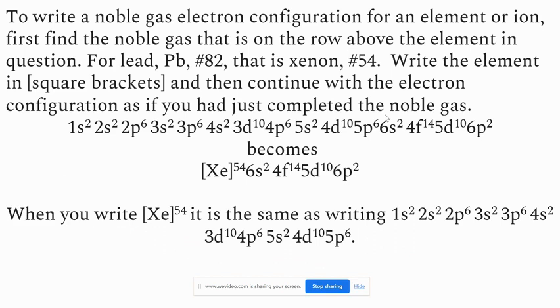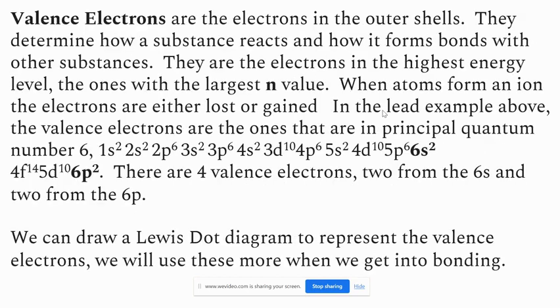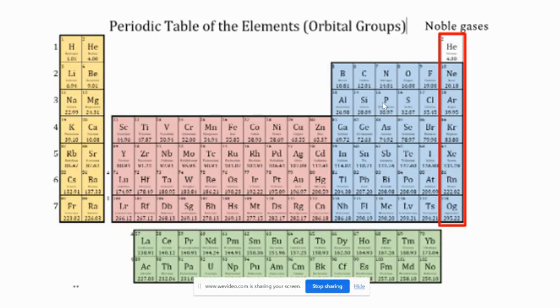All right, we talked about noble gases and how to write lead here. If you are at a noble gas, you have to go back to the previous noble gas. So if they are asking you for the electron configuration of xenon, you cannot do this and be correct.